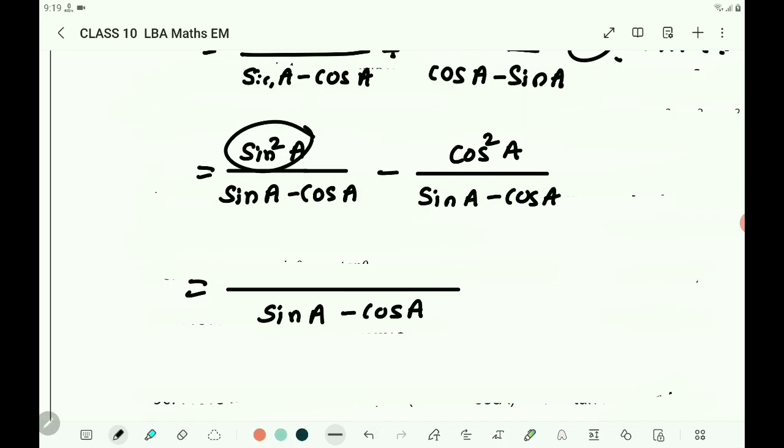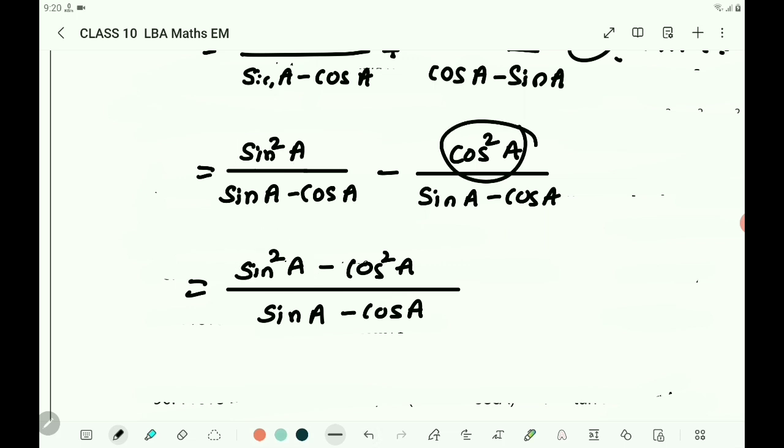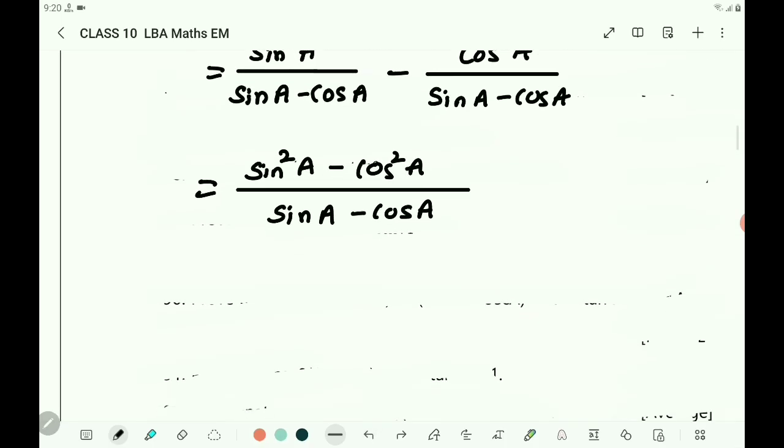Therefore, you write sin square A minus cos square A as it is. Here, sin square A remains sin square A only, cos square A remains cos square A only because the denominators are same. Equals.